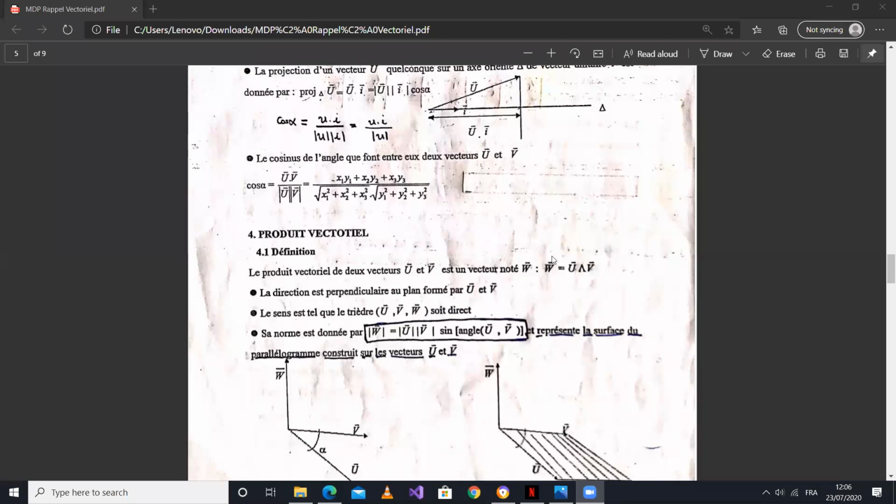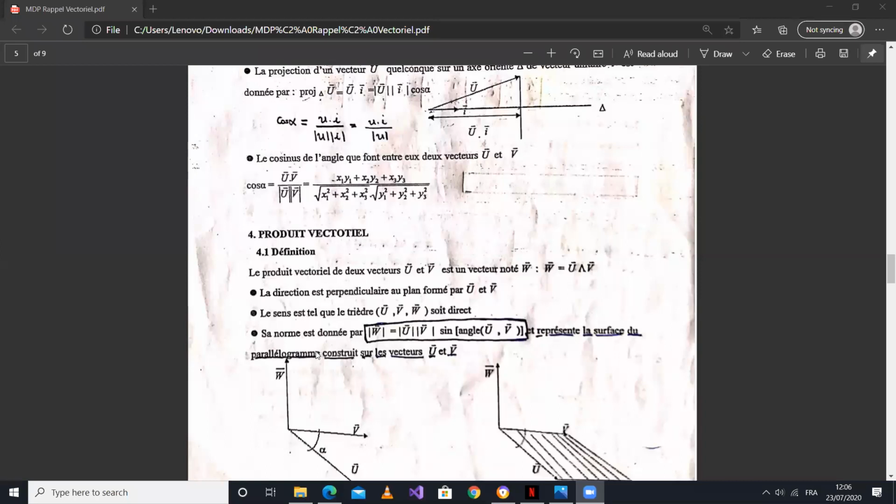Le résultat, qui est W dans ce cas, sera perpendiculaire à U et V. It's going to be perpendicular to both U and V. At the same time, the answer, as they are saying here, la direction est perpendiculaire au plan formé par U et V. So you get two vectors U et V. When you connect them to the origin, they form a plane. And then when you calculate the produit vectoriel, you are getting a resulting vector that's perpendicular to both of them.